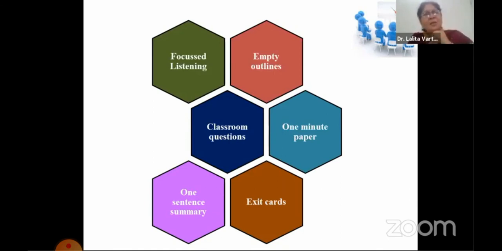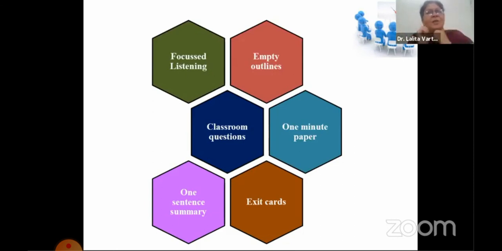Empty outlines is also an interesting activity. Now, this is similar to fill in the blanks, which we use, but what we need to do is design, say, around 8 to 10 sentences, which would help to summarize our entire session. And we give certain gaps in between to the students.